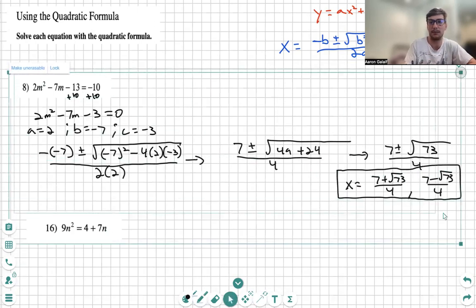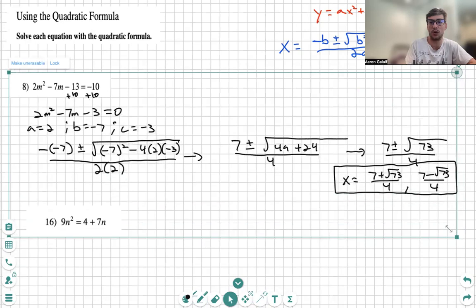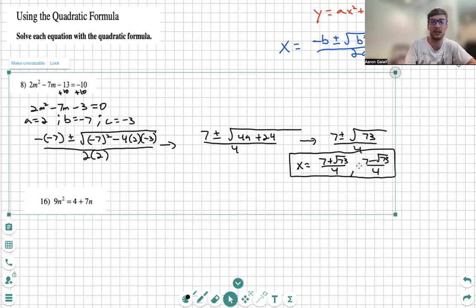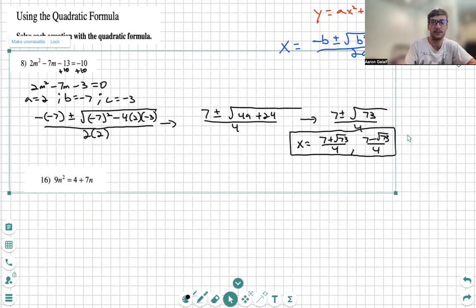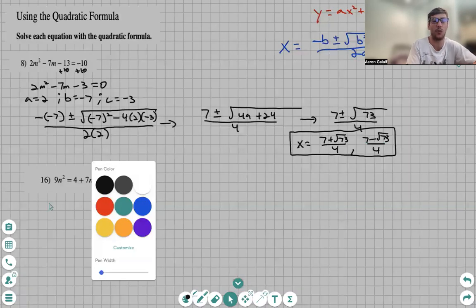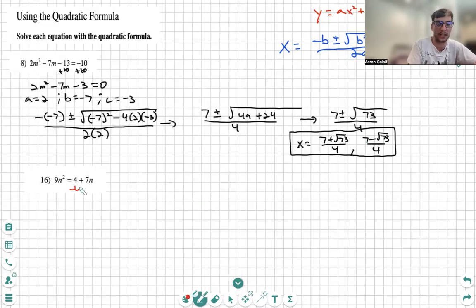Let us minimize this guy a little bit and let's work on number 16. Again, we need everything on one side, so I'm going to move the left side over to the right. 9n squared minus 7n minus 4 is equal to 0. Let's label A, B, and C. A is 9, B is negative 7, C is negative 4.